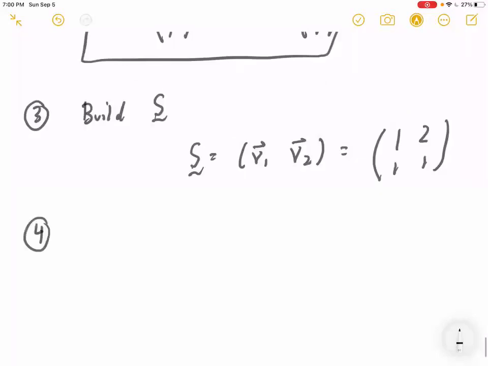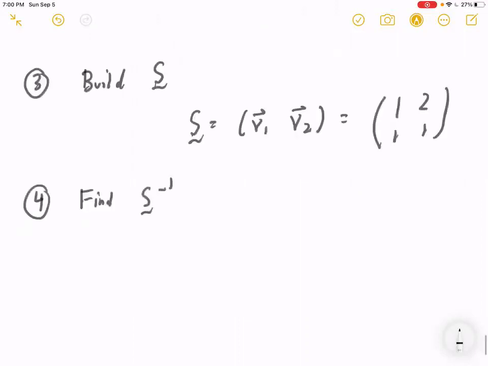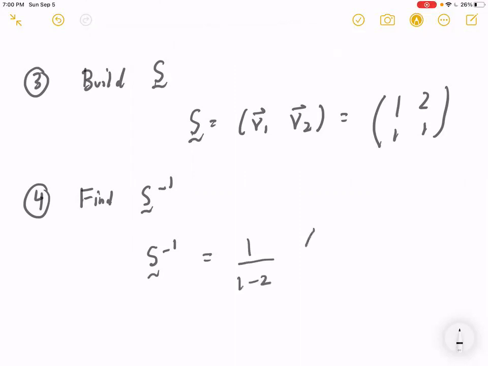Next thing, I need to find the inverse of S. So that's going to be easy for the case of a 2 by 2 matrix. This is just 1 over 1 minus 2 times this matrix, where those two matrix elements are flipped but that's okay because they're both the same.